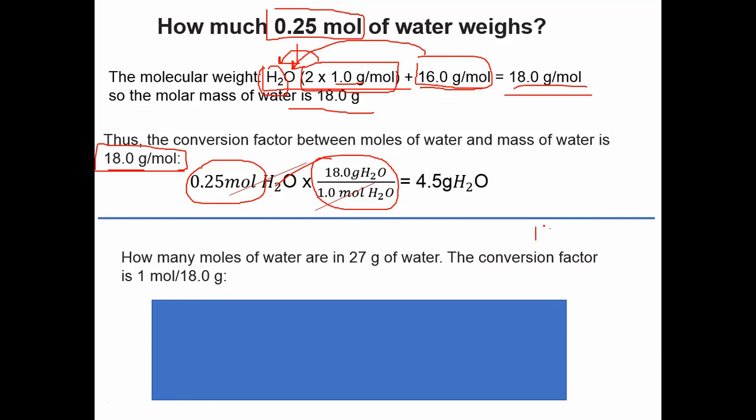Can you think what we should do here? So we know the mass of water, we know the molar mass of water. The only thing we need to find out is the number of moles of water.